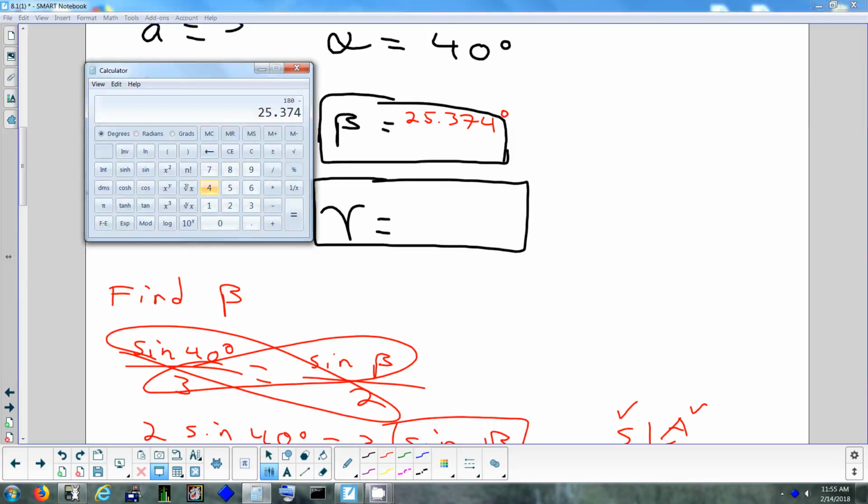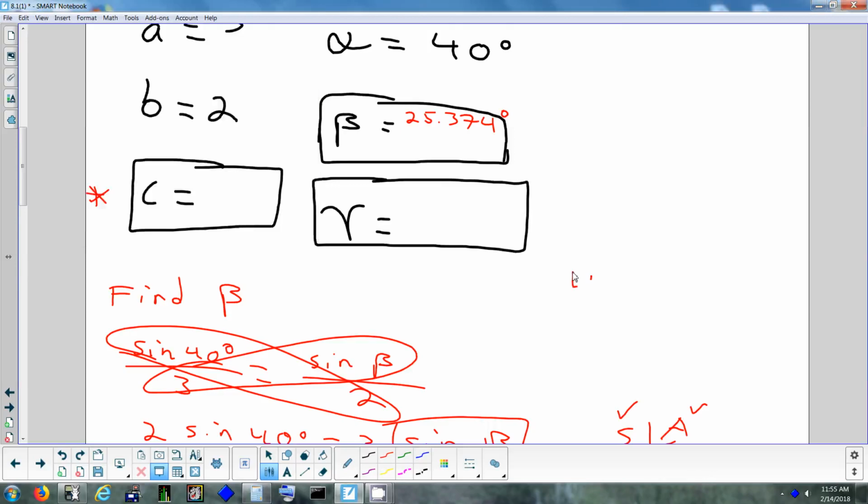Like, I'll draw it out sometime. Not today, probably not today. It's not on the test, is it? This kind of problem, yeah. Exactly what we're doing right here is going to be on the test. I'm not teaching anything that's not on the test. So if there's a second answer, it's 154.626.